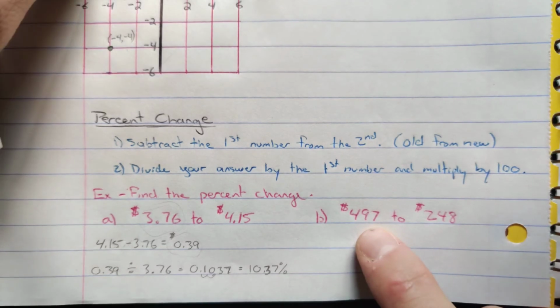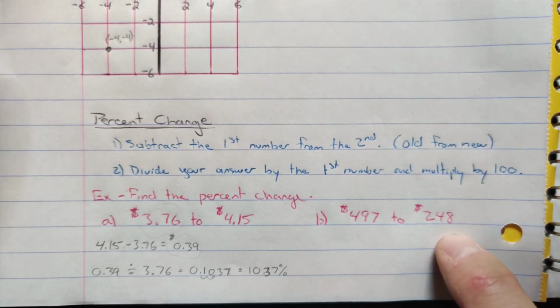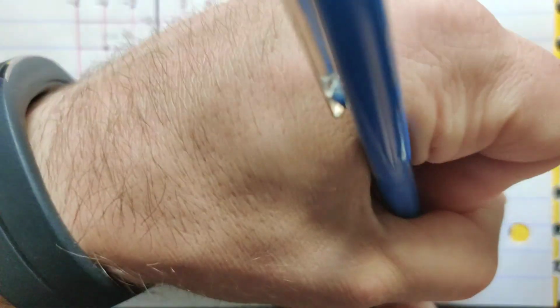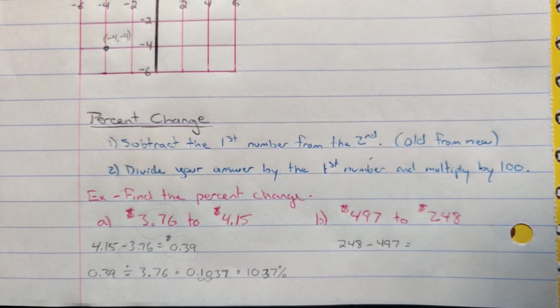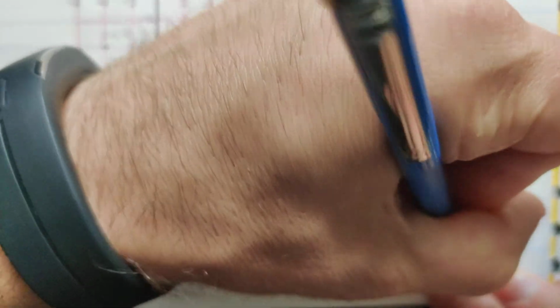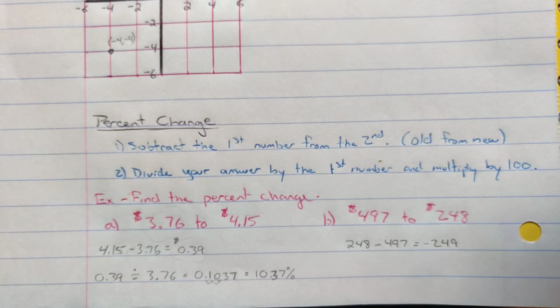In this case here, in part B, we're going down from 497. We're decreasing to 248. So again, same process. Take our new value, subtract the old value. So 248 minus 497 is going to give us a decrease of 249. It's about 50%, I can tell right away, because those numbers are very similar.